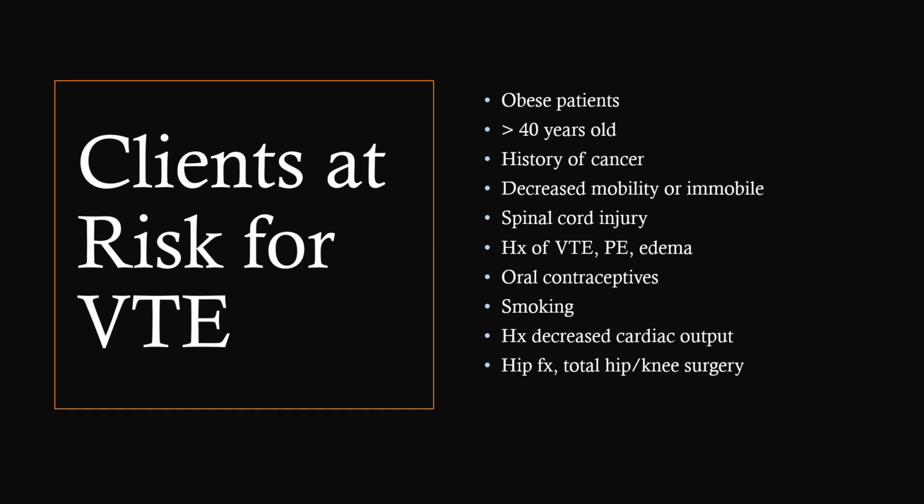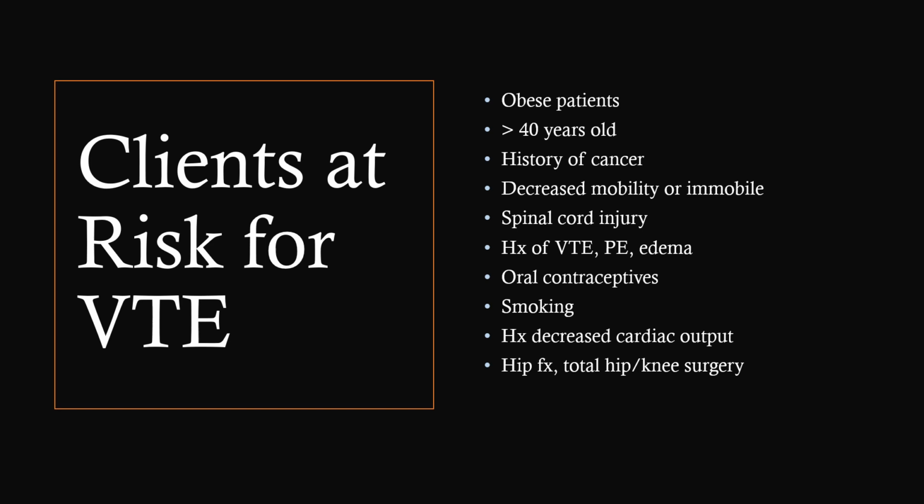If you're over 40 years old, have a history of cancer, are not as mobile as you were, have decreased mobility or a spinal cord injury, which goes hand in hand with that, or have a history of pulmonary embolus or blood clots in the past, history of swelling, or oral contraceptives, that would be a big one to take note of. If someone's on birth control, that does increase your risk for blood clots.